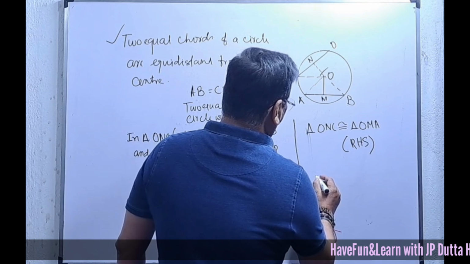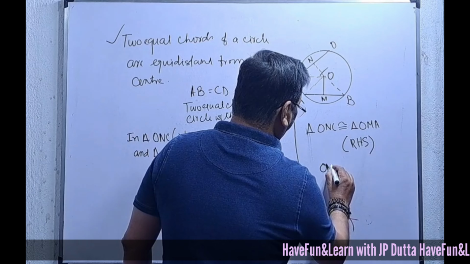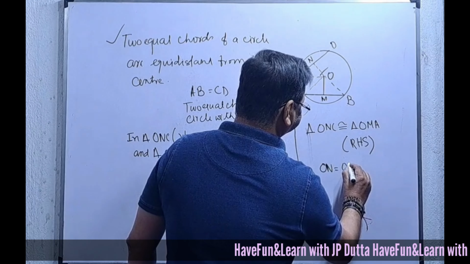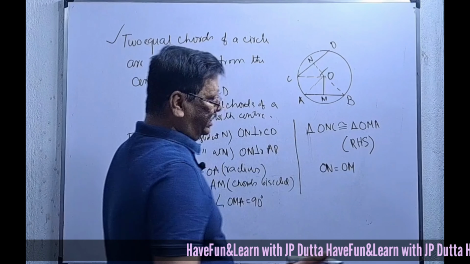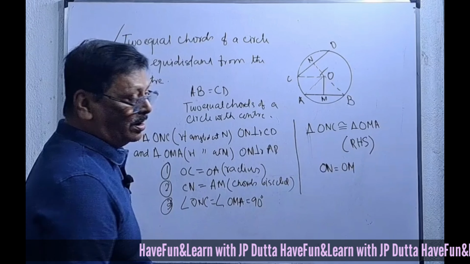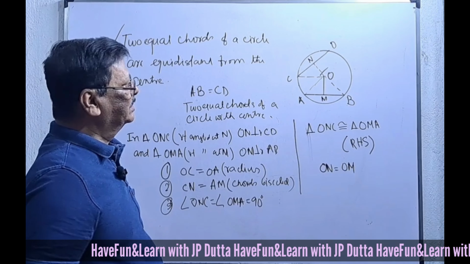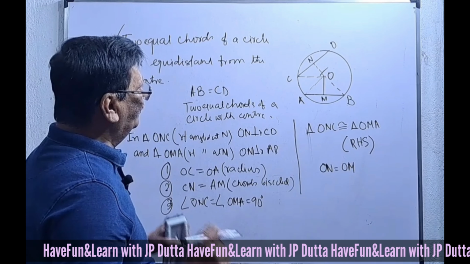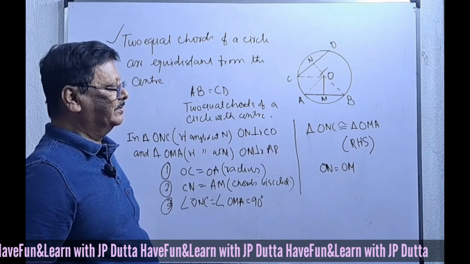So from here we can write ON is equal to OM. So we can see that equal chords are equidistant from the center.